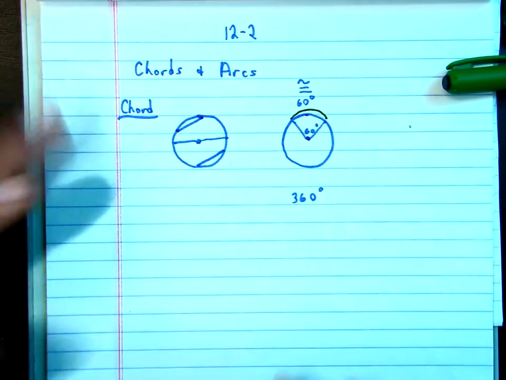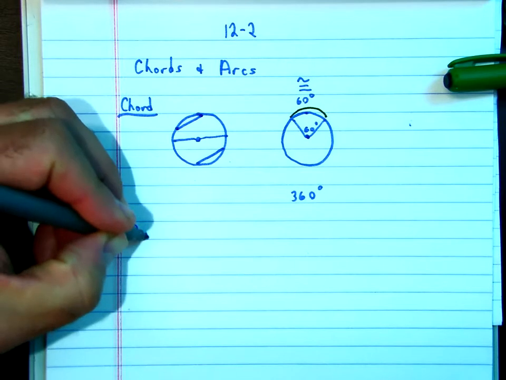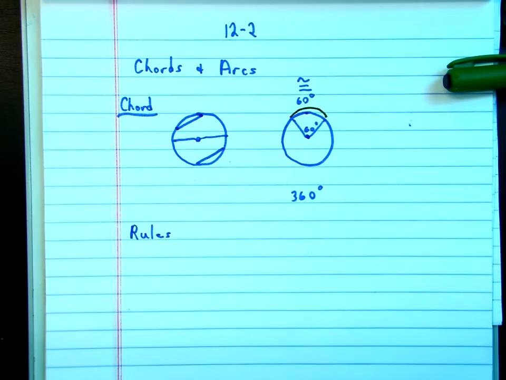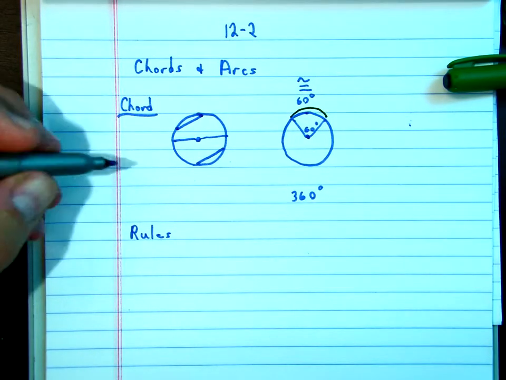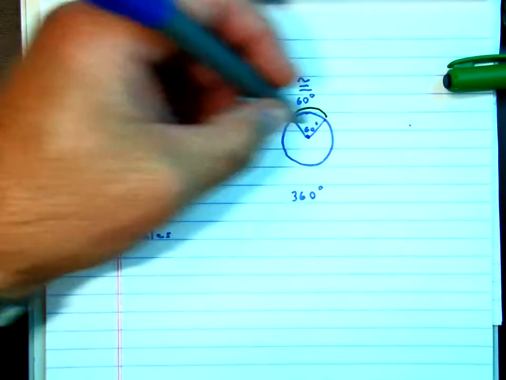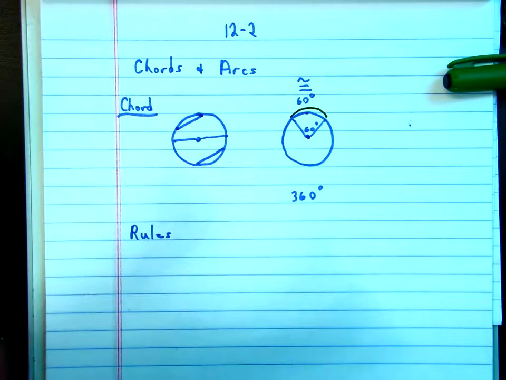All right, now we get to the rules. Okay, the rules are relatively basic. If your central angles are the same, then the chord is also the same. And if the chord is the same, then their central angles are the same. Okay?